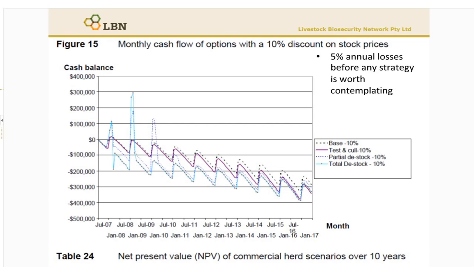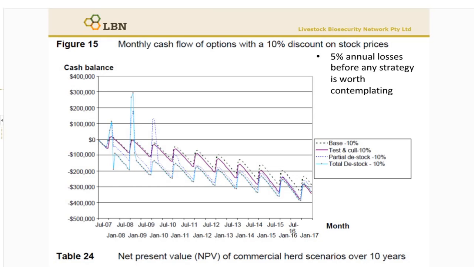John's conclusion from this was that it was not worth contemplating control programs on farm for a beef property unless you actually had at least 5% annual losses. Now, 5% annual losses, we're talking about 10 cows in a 200 cow breeder property. So that's quite an extreme level.